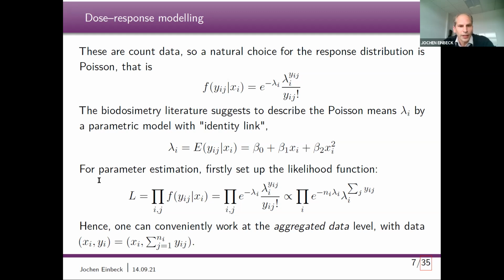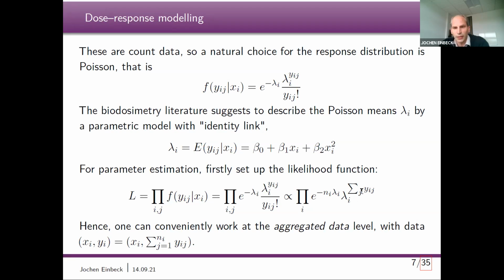I won't give that physical argument here, but there is a physical reason for there not being a log link here. In order to estimate the parameters, one needs to set up the likelihood. So we have here simply a product of all the densities of the individual counts. This is then a product of these Poisson densities. But the point to make here really is just what you get here in the final likelihood expression, that it really depends just on the Nis, which are the number of cells examined for each dose level, and the total count per row.